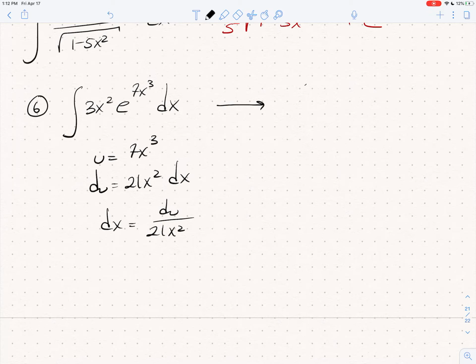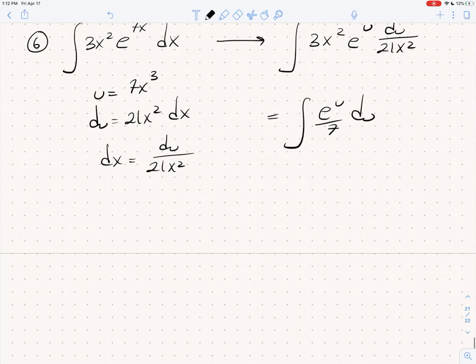And so this problem becomes the integral 3x squared e to the u dx, which we know is du over 21x squared. Cancel those x squareds. Actually, the 3 and the 21 cancel as well. And so you end up with the integral of e to the u over 7 du. I'm going to pull that 7 out.